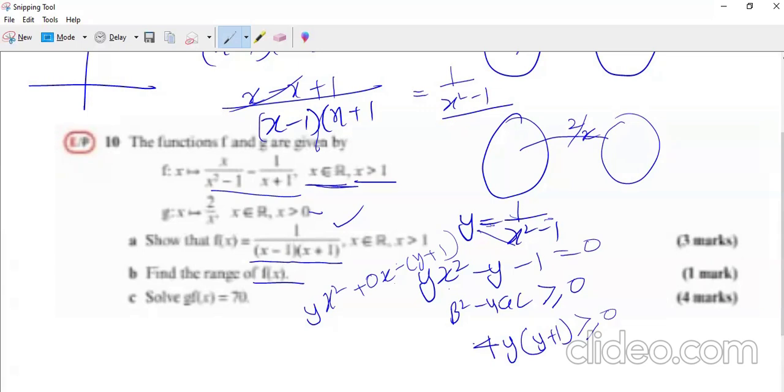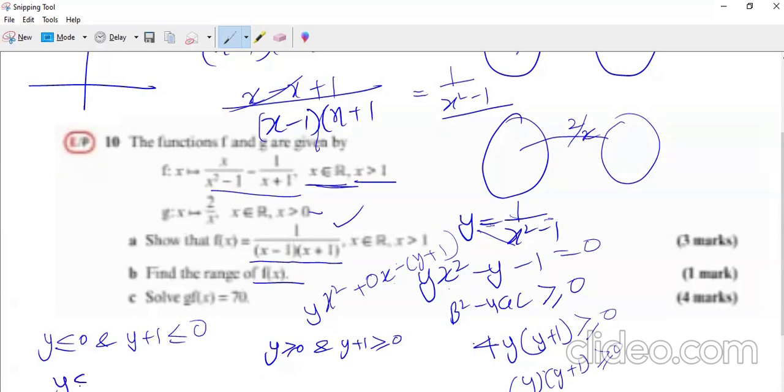Now supposing y into (y plus 1) has to be greater than 0. That means a product of two is greater than 0, which means they both are positive or both are negative. So y is greater than 0 and y plus 1 is greater than 0, or y is less than 0 and y plus 1 is less than 0.